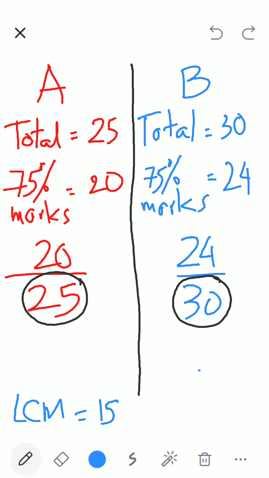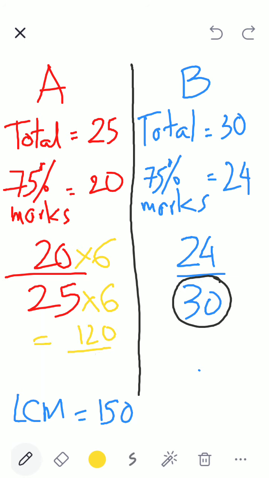Very good. Okay, then. So you got equal to 120 by 150.